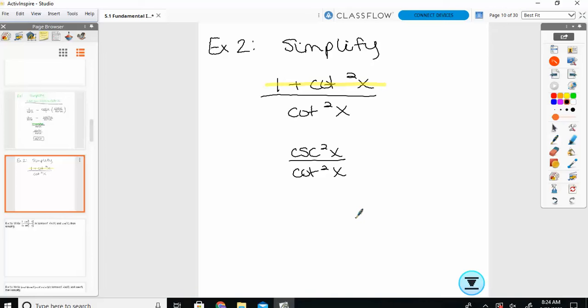So anytime you're stuck, change everything to sines and cosines if you don't know what to do. So what is cosecant? And so since cosecant is 1 over sine, cosecant squared would be 1 over sine squared x. Cotangent is cosine over sine, so cotangent squared would just be cosine squared x over sine squared x.